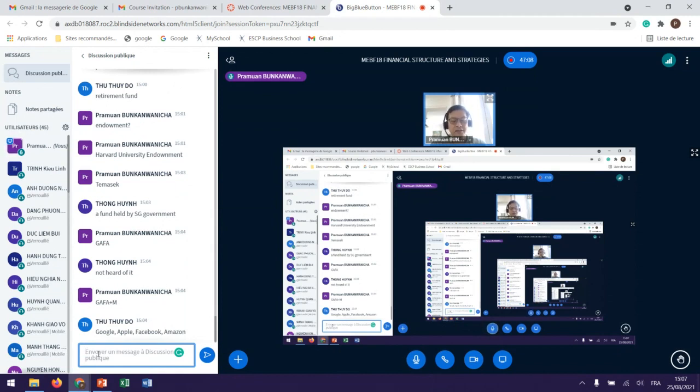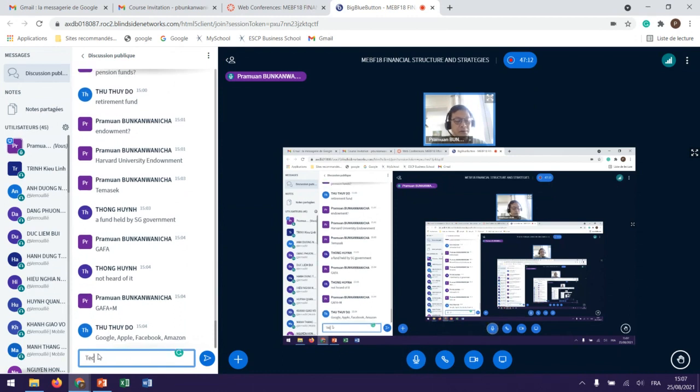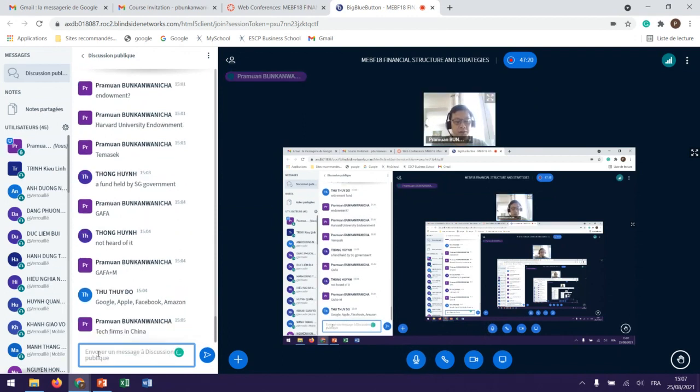So they don't want these people, for example the big tech firms in China like Alibaba, Tencent, all these were attacked by the Chinese central government, the Communist Party, that they're trying to reduce, to mitigate their power. They are too powerful.